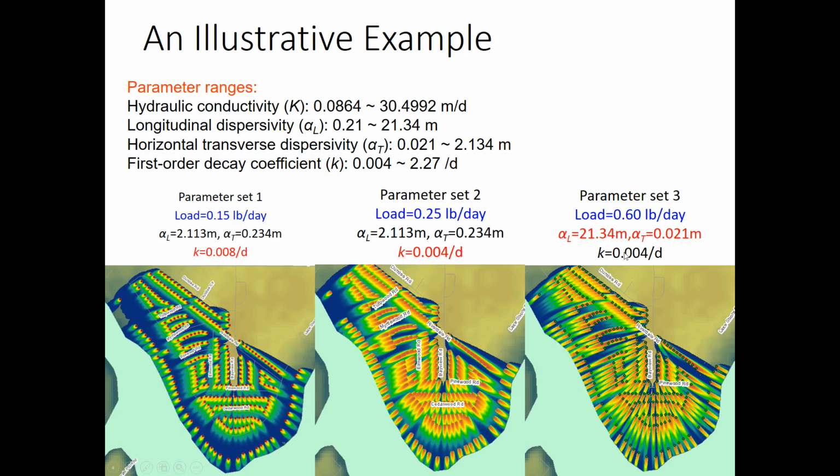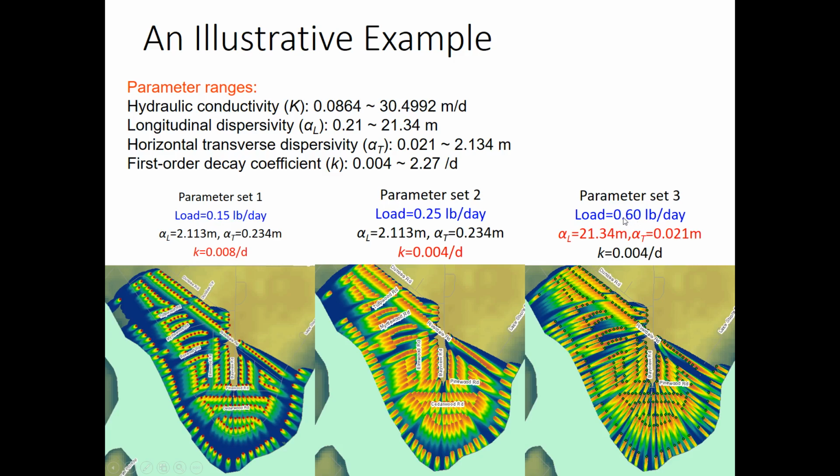So here I keep K the same as for case 3, but I change my alpha. Essentially what I did is I make my longitudinal dispersivity 10 times bigger, and I make my transverse horizontal dispersivity 10 times smaller, and you can see the plume looks different, and the load looks different too.